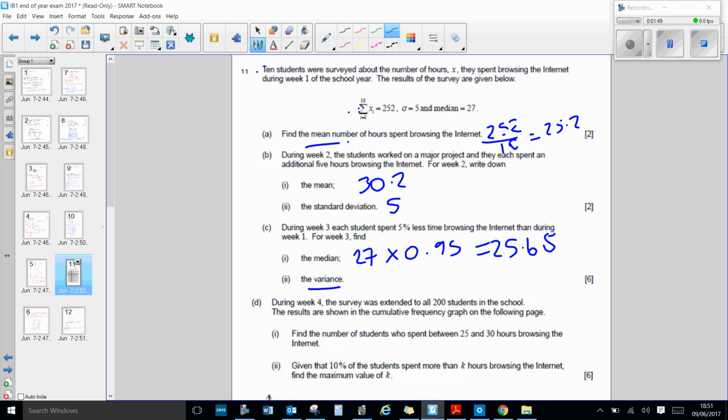The variance. The variance is the standard deviation squared.